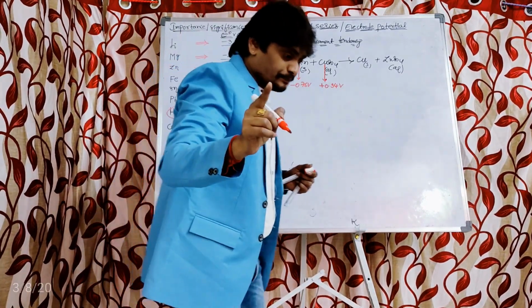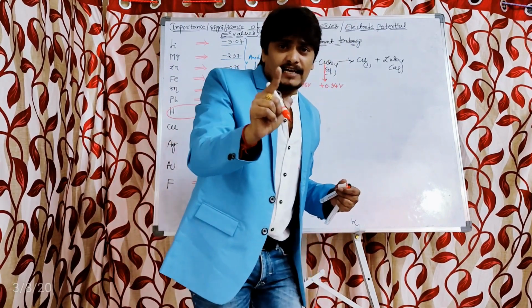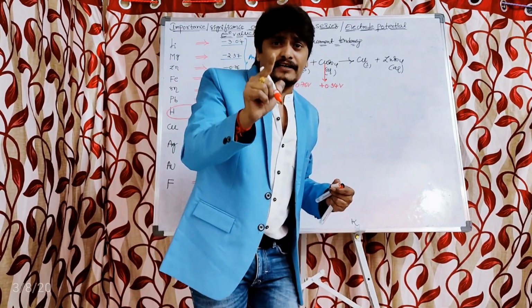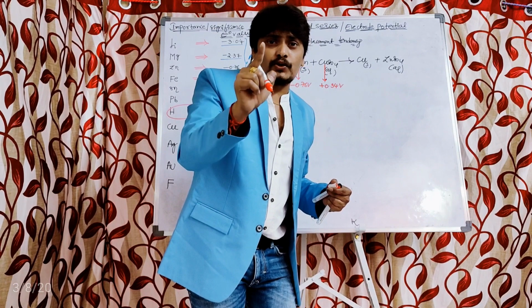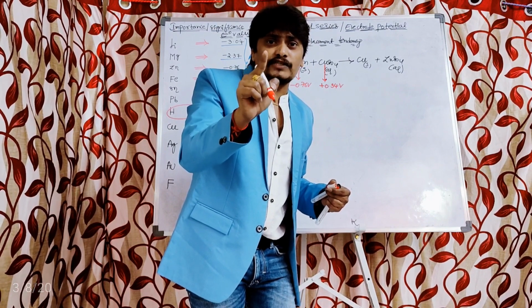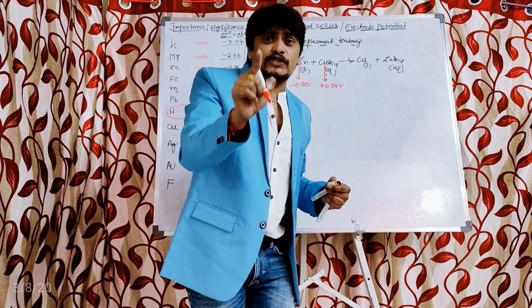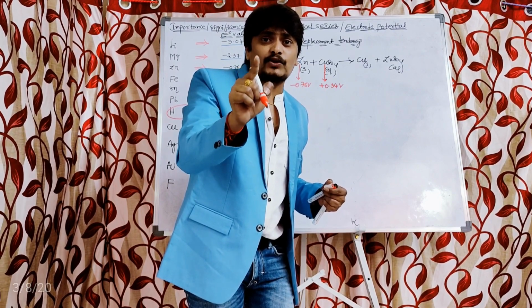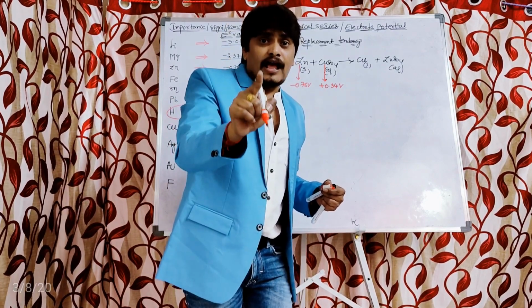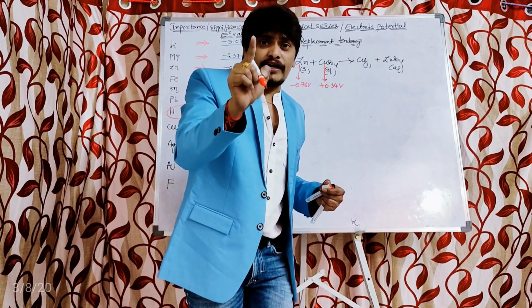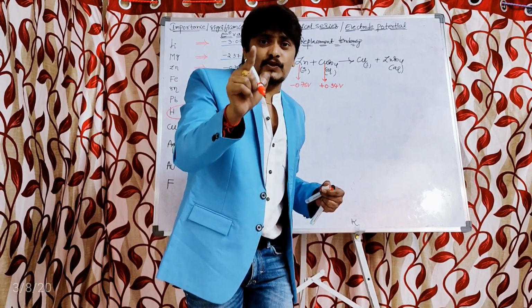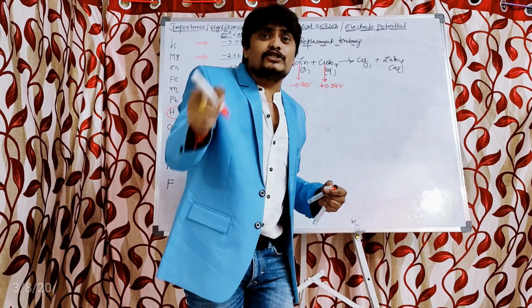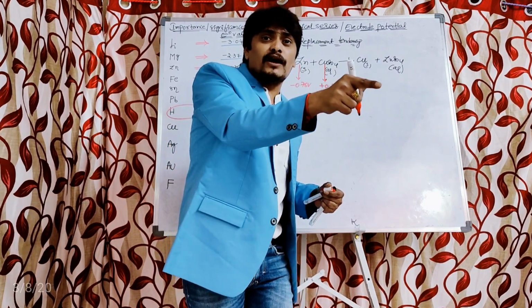Already said: the higher the standard reduction potential value, the greater is the tendency of the electrode to assume the reduced form. That is, the electrode associated with the higher standard reduction potential value acts as cathode and undergoes reduction, and in order to undergo reduction, the co-ion with which it is associated in the solution should be displaced to the other electrode.